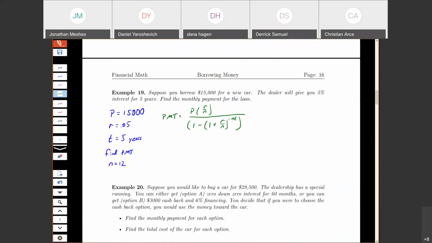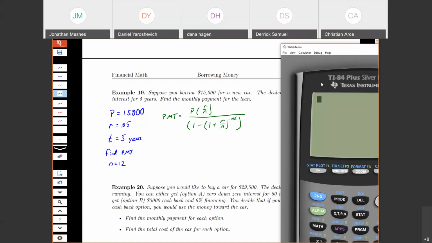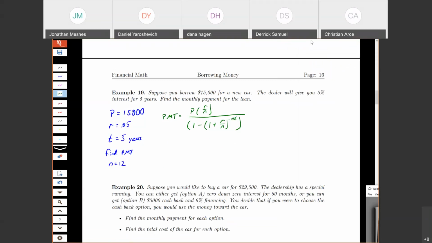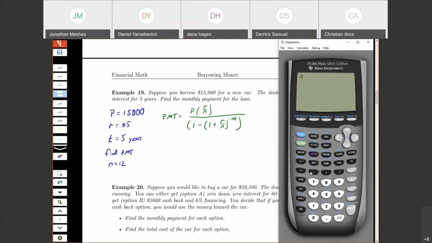So I'm going to put all of this into my calculator. We're going to bring my calculator up on the screen. Okay, so let's enter this in on our calculator. I have 15,000 times parentheses 0.05 divided by 12.